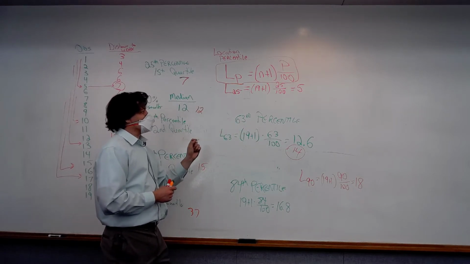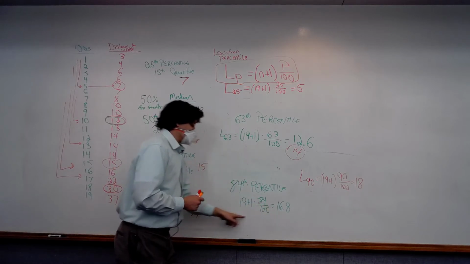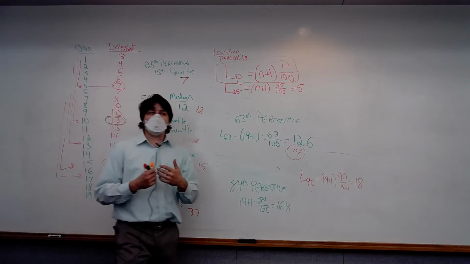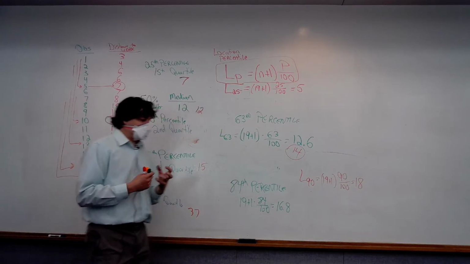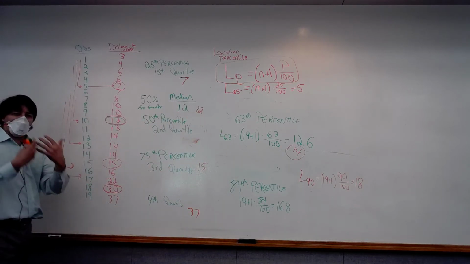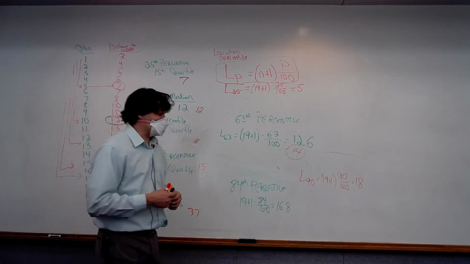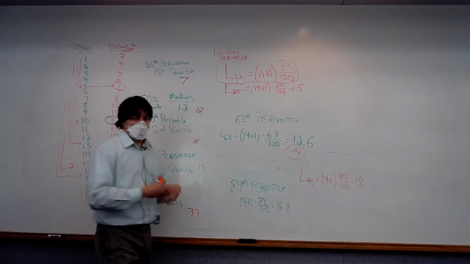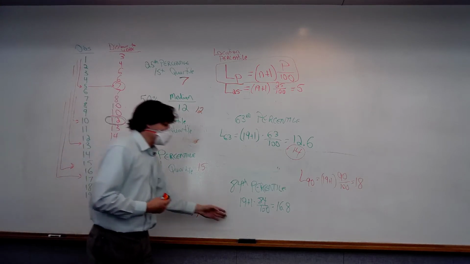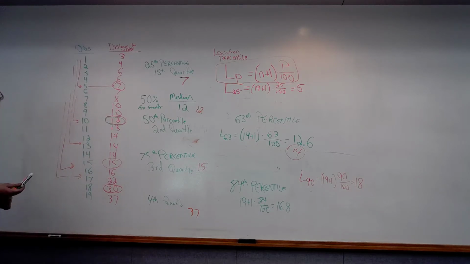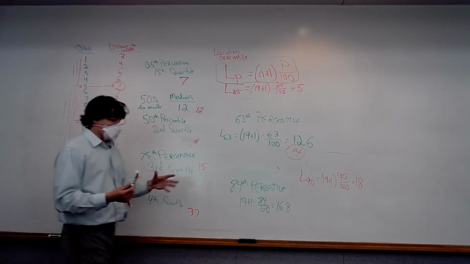I'm less concerned about you being able to do this kind of in between, outside of, you should understand that there is a way to do it, okay? And so if you ever are, let's fast forward a few years and you're working with data at your job and you know you want the 84th percentile for some random reason, that there is a way to find this specific answer. And so let's just logic our way through it here.